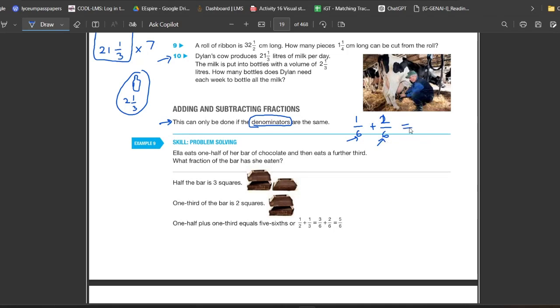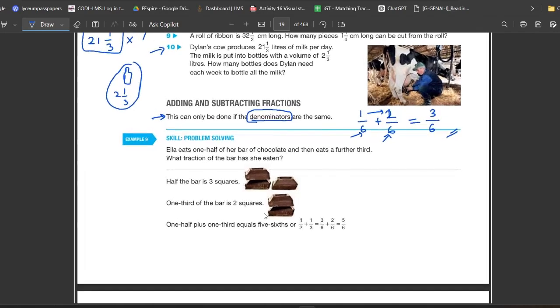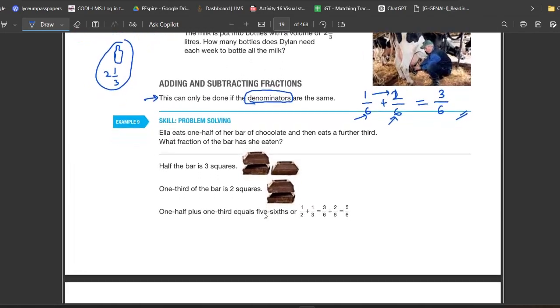If the bottom part is the same, we can simply add. These two added, 3, the denominator doesn't change. So we put the same denominator. That's how we do it. When it comes to fractions which don't have the same denominator, what can we do? Let's look at this example.